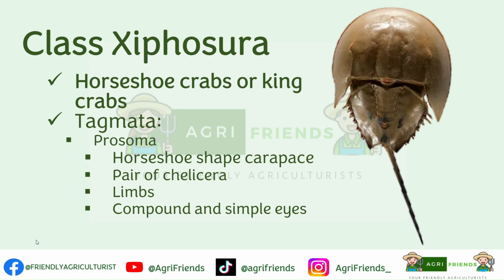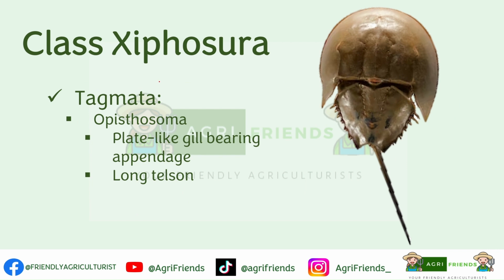And the opisthosoma is the abdomen. For class Xiphosura, their prosoma consists of a horseshoe-shaped carapace. And this is the horseshoe carapace. Underneath that is the pair of chelicerae, limbs, and the compound and simple eyes. The opisthosoma or the abdomen contains plate-like gill-bearing appendages and this long telson or tail.